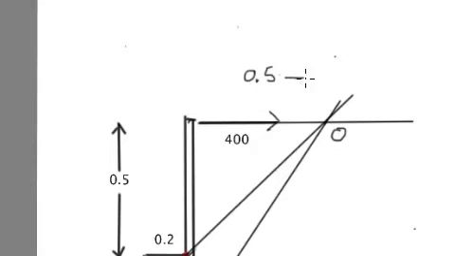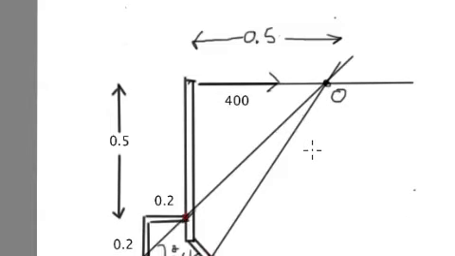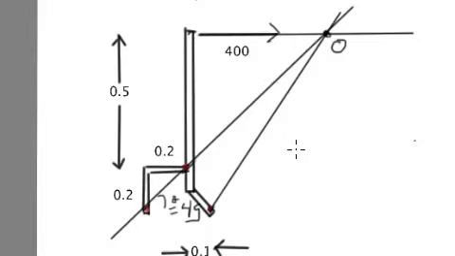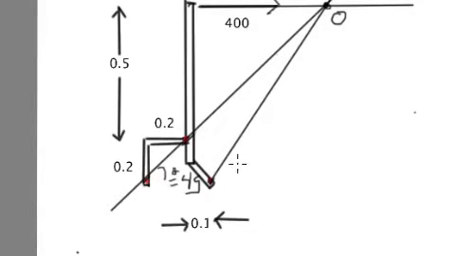And we know that since this goes 0.5 up, and it's a 45-degree angle, it'll also go 0.5 over. So we know that the apex of this teepee is 0.5 over. Now what we need to do to get our system of equations is to find this angle here.